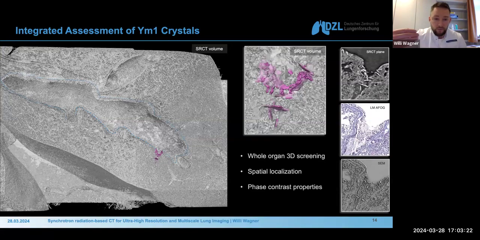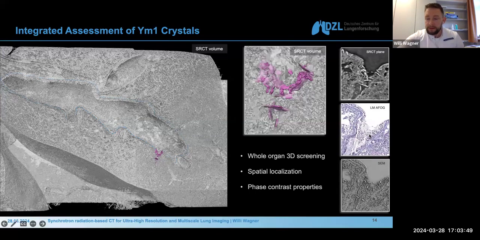So that's one good example of how this pipeline can be used to drill down on findings. We were then able to access those regions where we saw these crystalline structures light up in synchrotron imaging. Of course, again, this is thanks to phase effects.